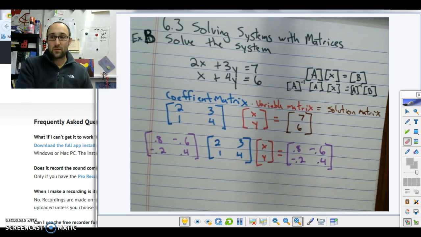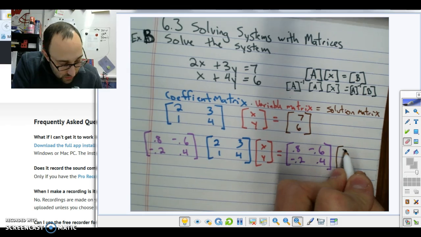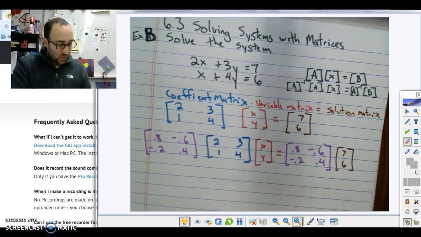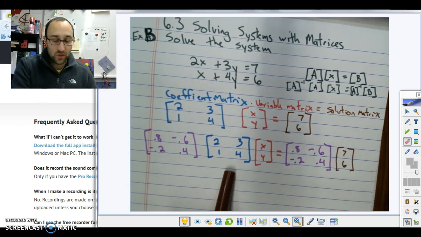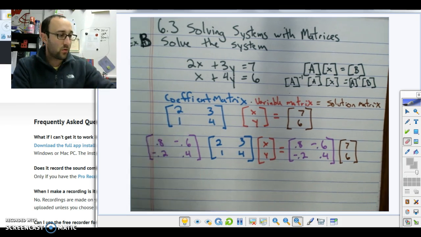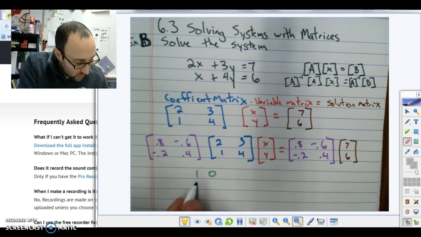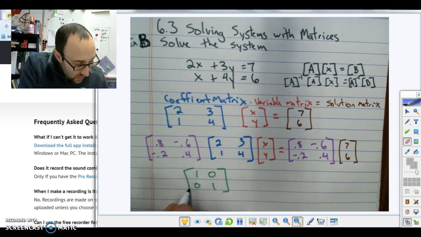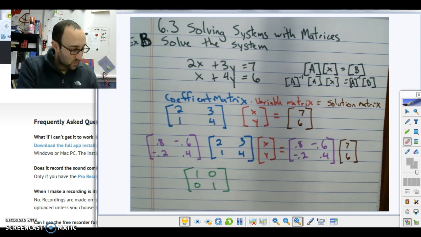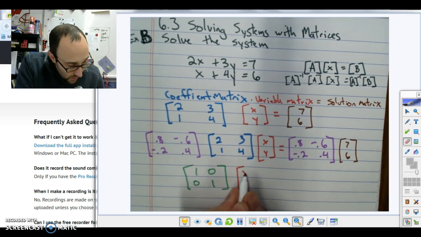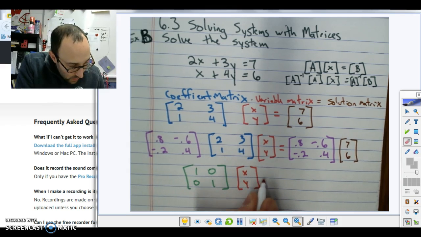And lastly but not leastly, I need my solution matrix, which is 7, 6. What should happen first is these two become the matrix 1, 0, 0, 1. That's the inverse of A times A. So we get that part, and then that times x, y is going to equal the rest.